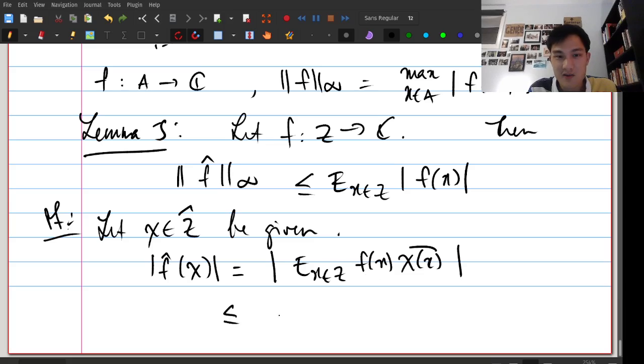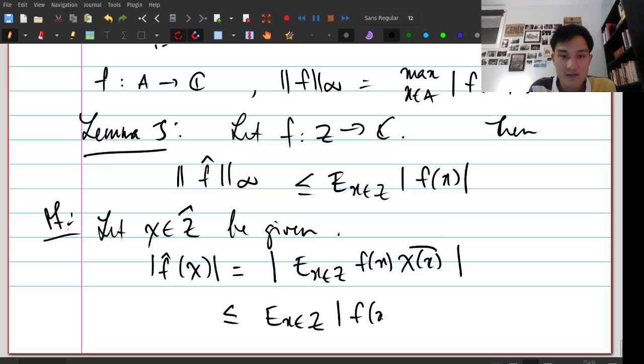this is the triangle inequality. The absolute value of a sum is less than the sum of the absolute values. So the expectation of x in Z of the absolute value of f of x times chi of x bar. But remember, way back, we observed that because Z is a finite group and chi is a homomorphism from Z to C, some power of chi of x is going to have to be 1, which means that chi of x has to have norm 1.